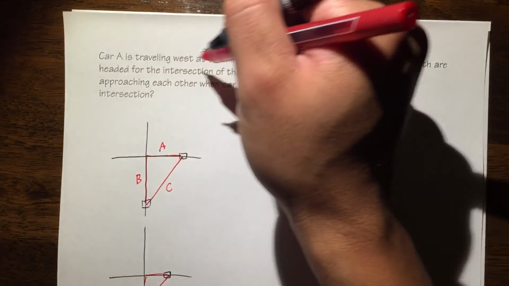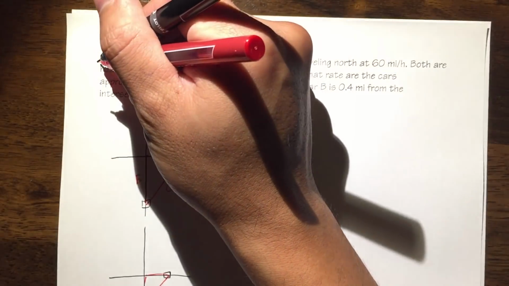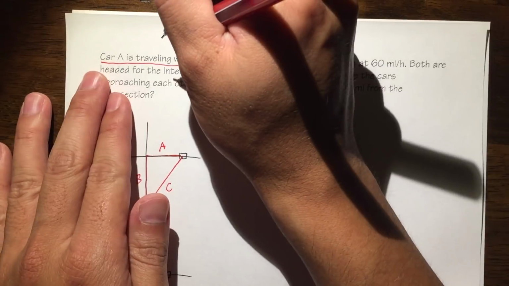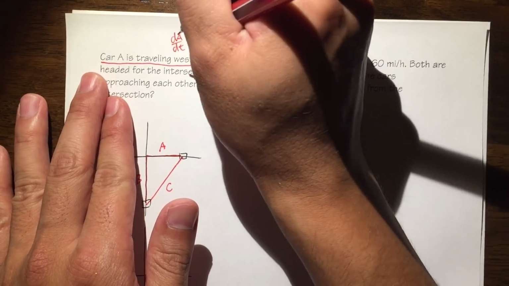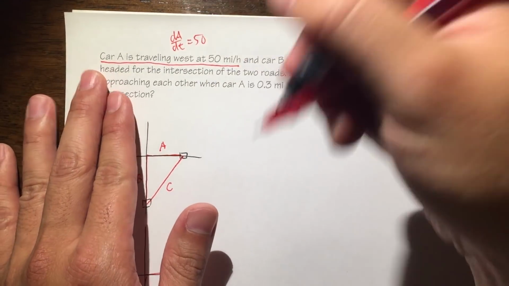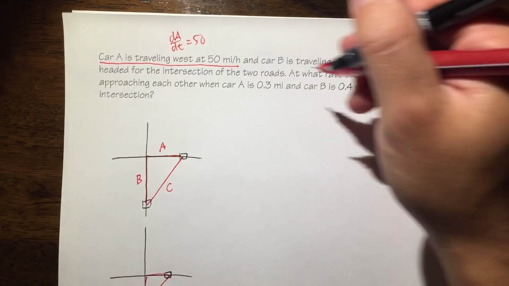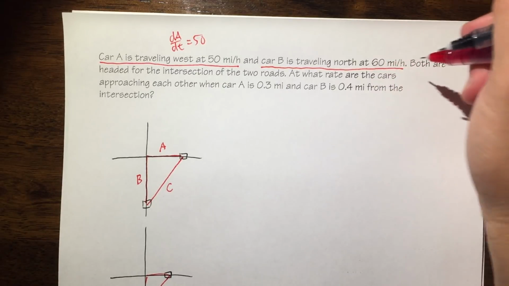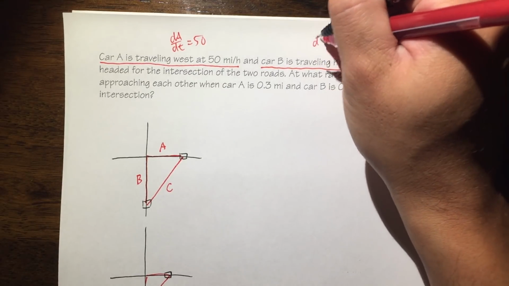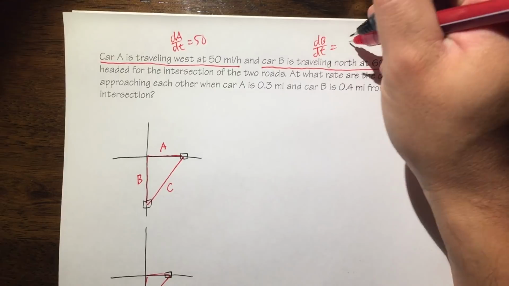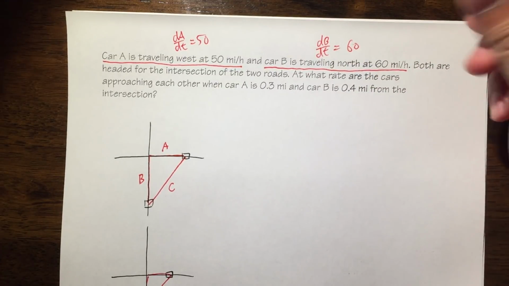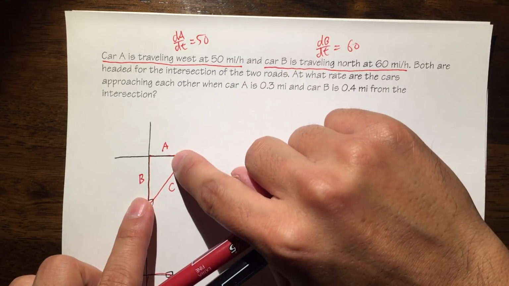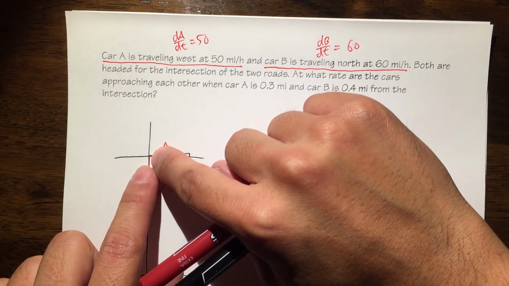Right here it says car A is traveling 50 miles per hour. So this tells me that dA/dt equals 50 miles per hour. And right here, car B is traveling at 60 miles per hour, so I'll write dB/dt equals 60 miles per hour. However, before we continue, remember A and B are going toward the same intersection.